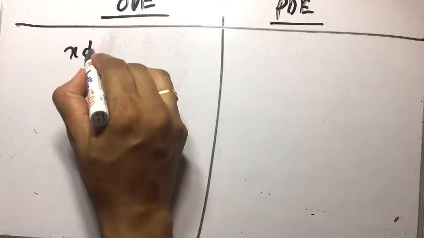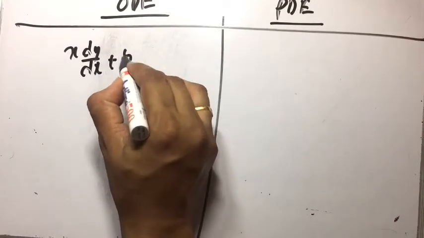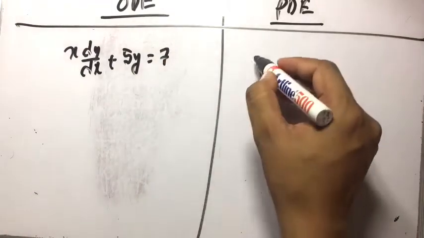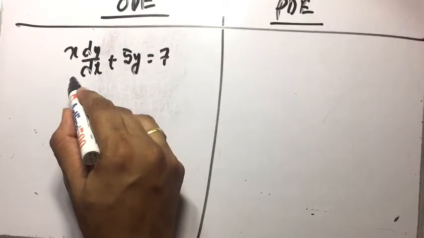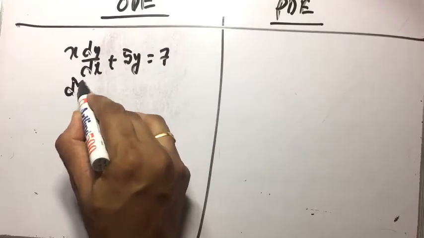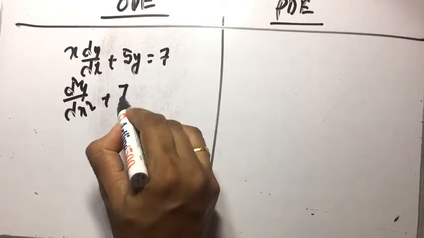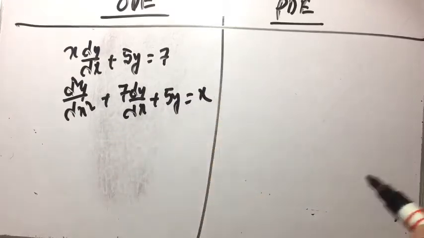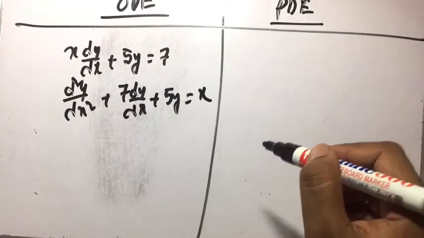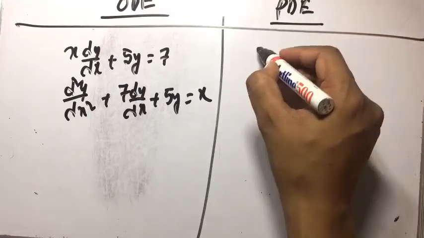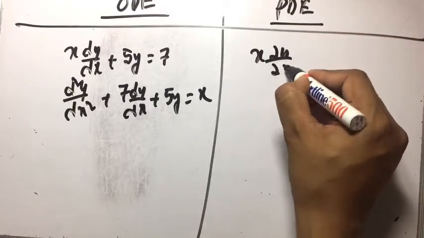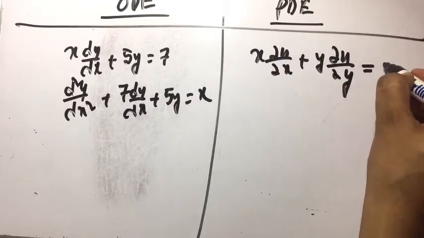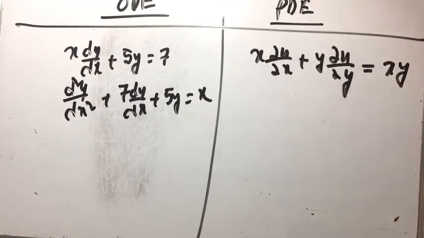Ordinary: suppose x dy by dx plus 5y equal to 7. There is one independent variable. Another example: d square y by dx square plus 7 dy by dx plus 5y equal to x. And partial: x du by dx plus y du by dy, with two or more independent variables.